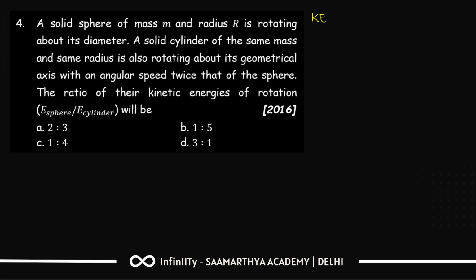Kinetic energy of sphere by kinetic energy of cylinder. This will be equal to half mv square. m की जगह पे आएगा moment of inertia of sphere, omega angular velocity of sphere.